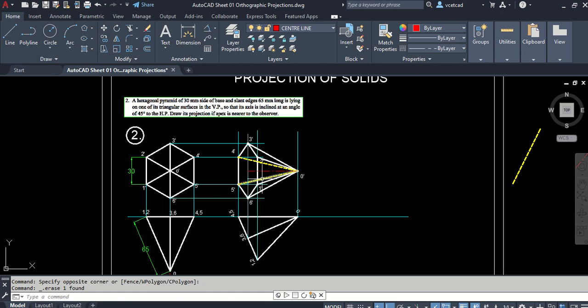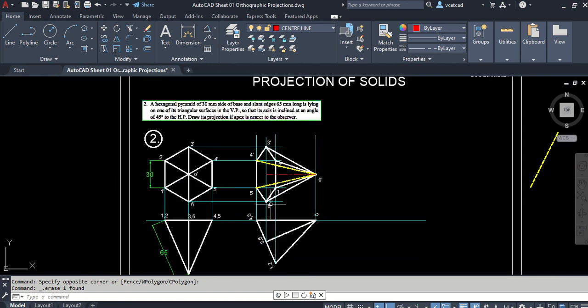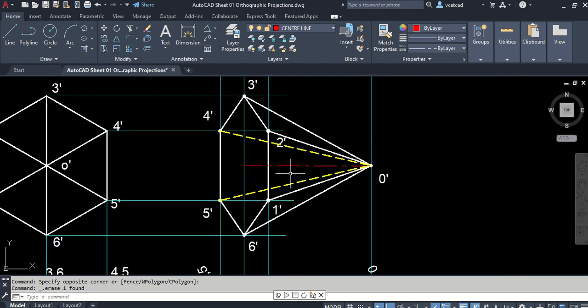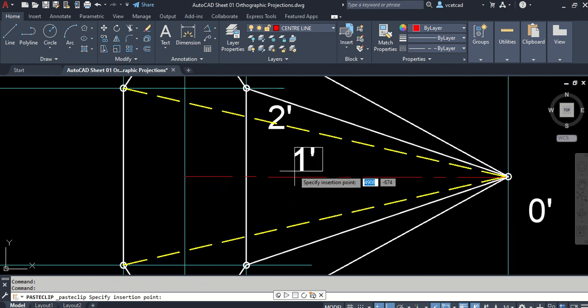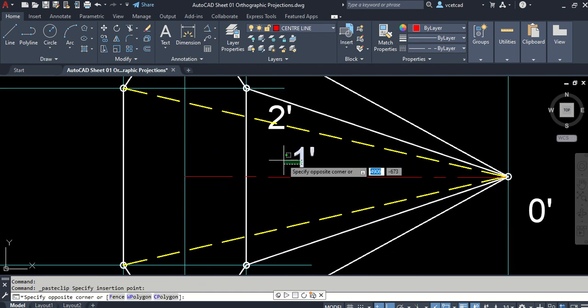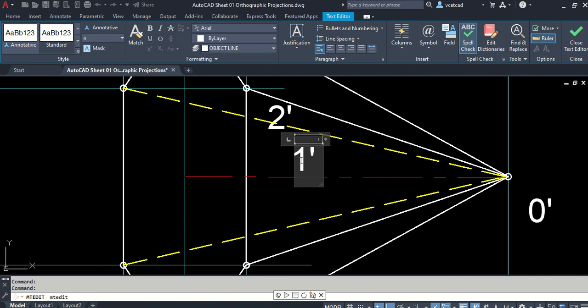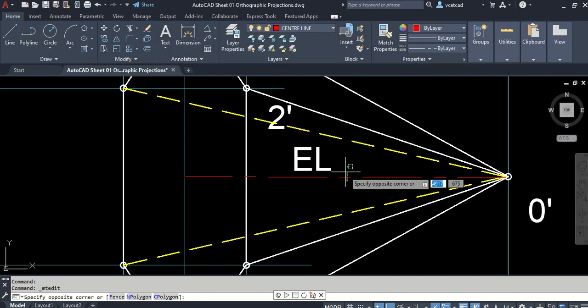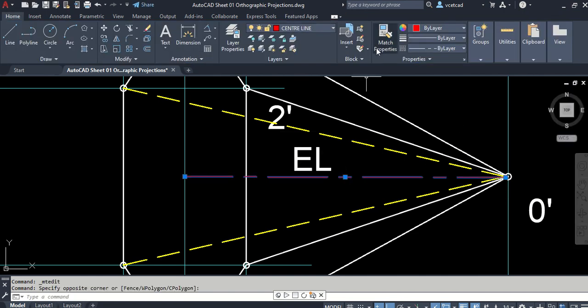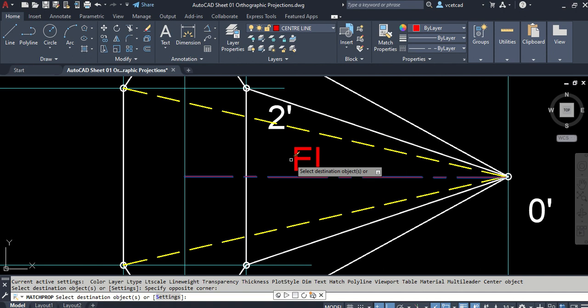So this axis, if I want to show, this is the apparent length. So here we can say this is the elevated length of an axis. This is not an actual length, this is an apparent length. So apparent length in front view is called EL.